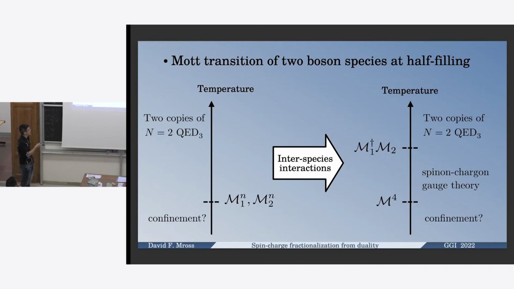I may get different phases of these degrees of freedom, which may actually result in this thing never occurring. For example, if I get some sort of condensate of either the spinons or chargons, then the gauge field will acquire a Higgs mass, and I will not ever reach confinement. This would not be a statement about the transition, but about some phase which is nearby, in the sense that it arises from just weakly perturbing this kind of state.